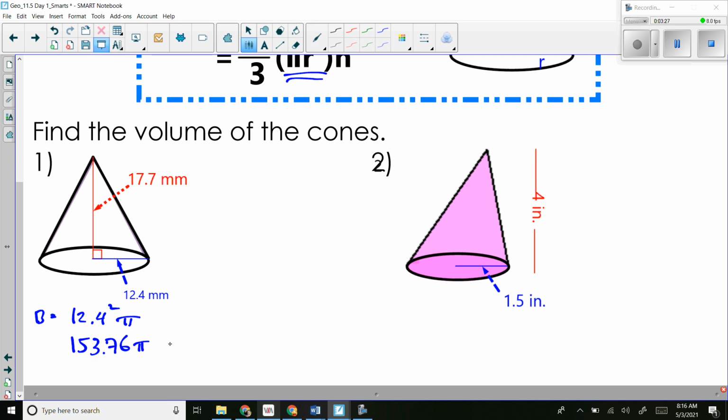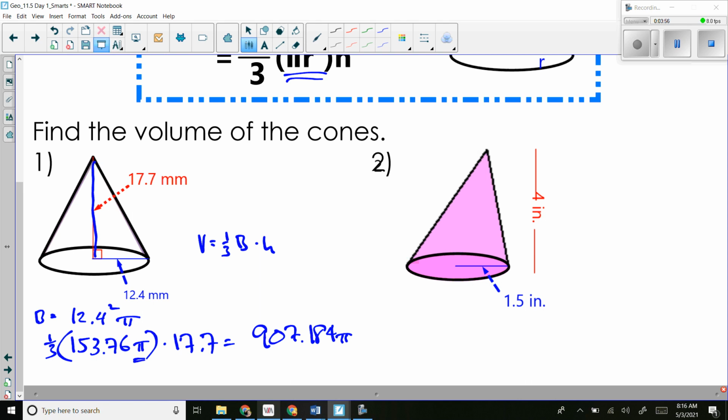Now the height, I need my formula V equals 1/3 area of the base times the height. So I'm going to put a 1/3 out here, and then also multiply this times the height, which is 17.7. Remember, the height's perpendicular to the base. And when I do that math, I think this gives me 907.184 pi. Don't forget your pi.